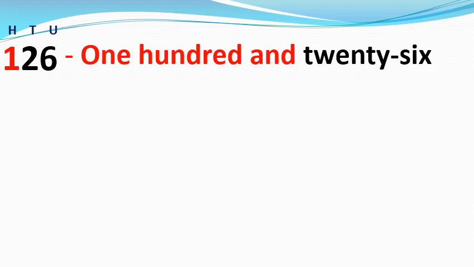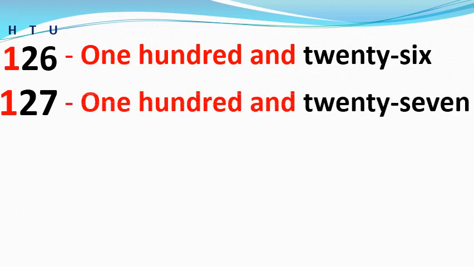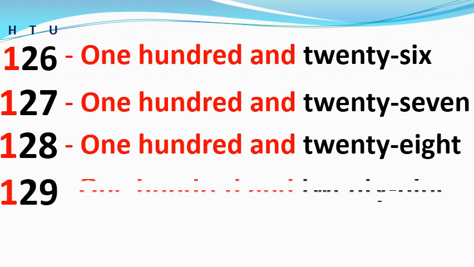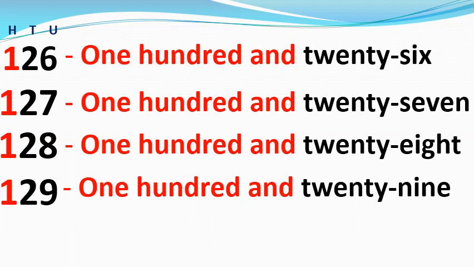The next number, that is 126, and we read it as 126. 127 is 127. 128, we read it as 128. 129, that is 129. So children, now after 29, the next number is 30.